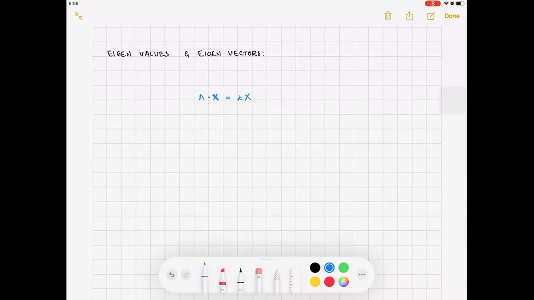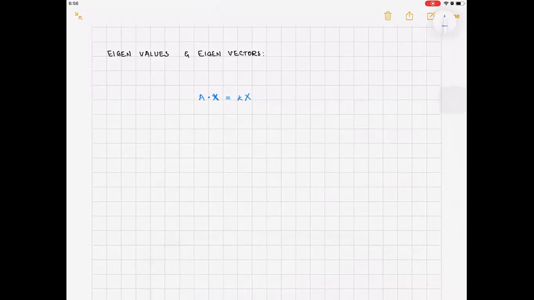அதாவது இப்போ if I have a 2x2 matrix, maybe I will write the matrix.